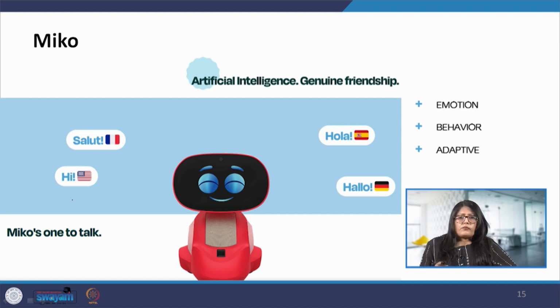Miko is also AI based, so it is able to understand emotions, it observes behavior and works accordingly, and it is also adaptive. It remembers and, similarly to LEQ, it recalls, but this is specially for children.